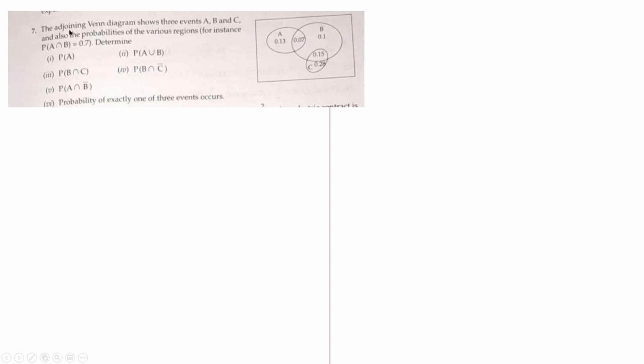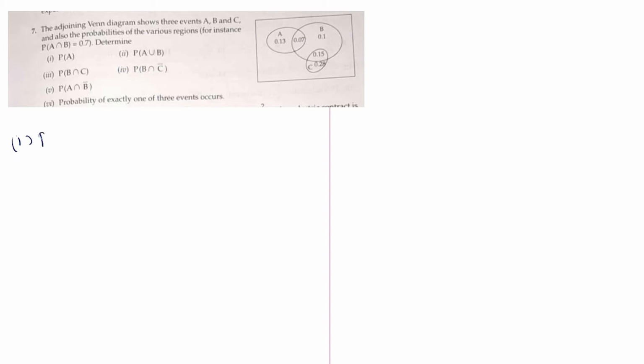Next question, the adjoining Venn diagram shows three events A, B and C and also the probabilities of the various regions. Determine each of these. So this is very easy. From the Venn diagram we can find each of these.